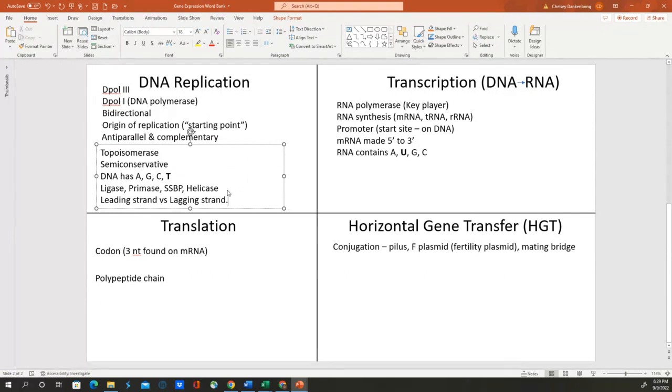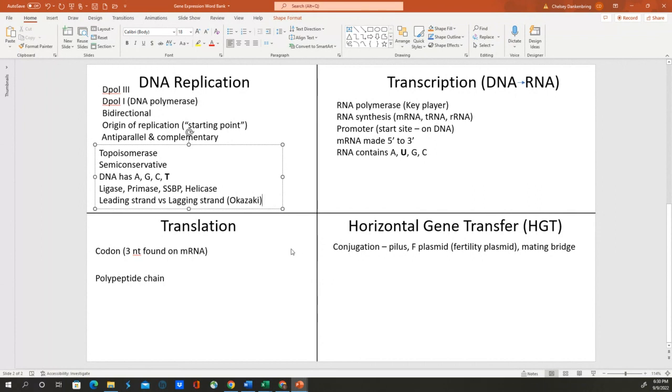But on that other strand, it makes it in pieces, and those pieces are called Okazaki fragments. So it has to build that other strand of nucleotides in pieces. This is where primase, DNA polymerase 1, DNA polymerase 3, and ligase are working in overdrive because they're constantly having to build the fragments or connect the fragments, or whatever their specific role is.